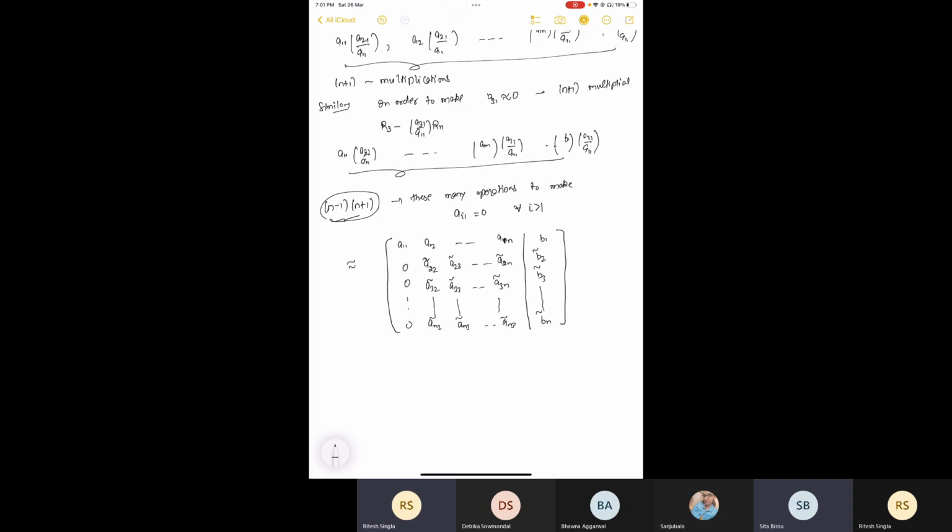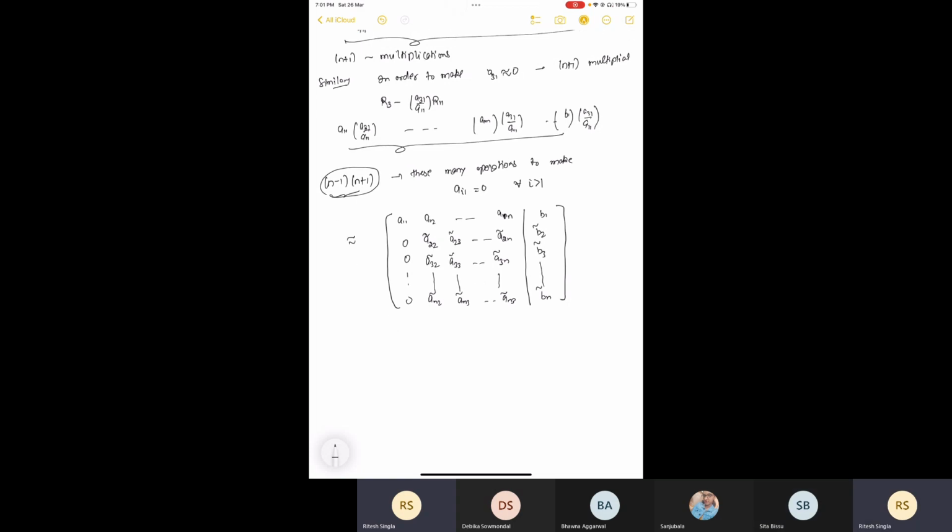Yes, sir. Fine. So now what do we want? We want to make this column 0. So basically, what do we need to do? First of all, we will multiply this term a32 tilde by a22 tilde. We have to multiply this term again, and so on.